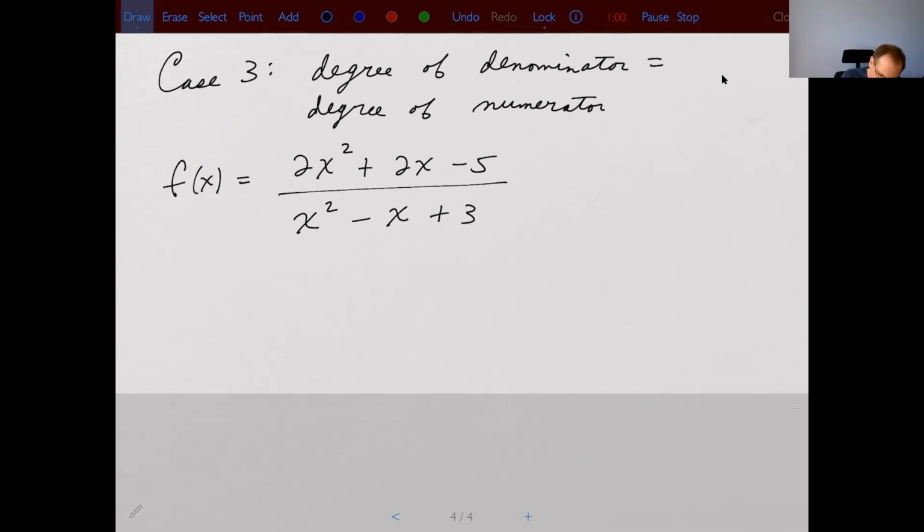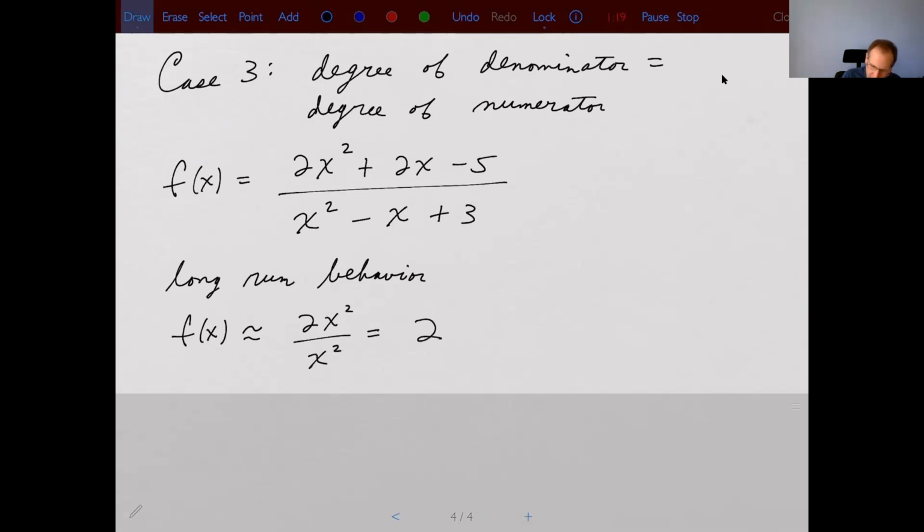So if I look at the long run behavior, again, remember, it only depends on the leading term of the numerator, which is 2x squared, over the leading term of the denominator. But that just simplifies to 2, right? Because in this case, the degree of the numerator was 2, degree of the denominator is 2, they're equal. I can just look at the ratio, 2 over 1, which is 2.